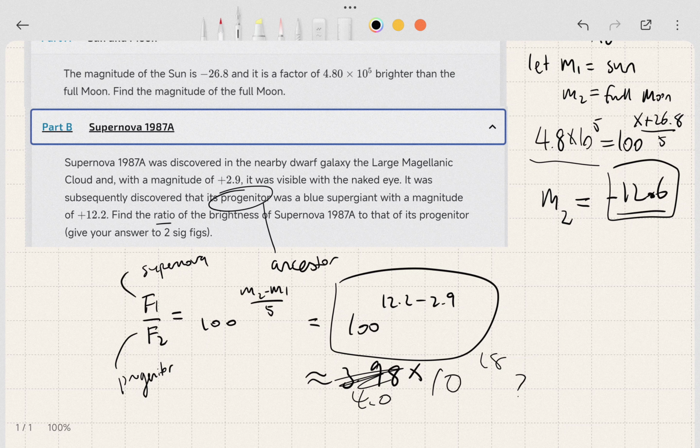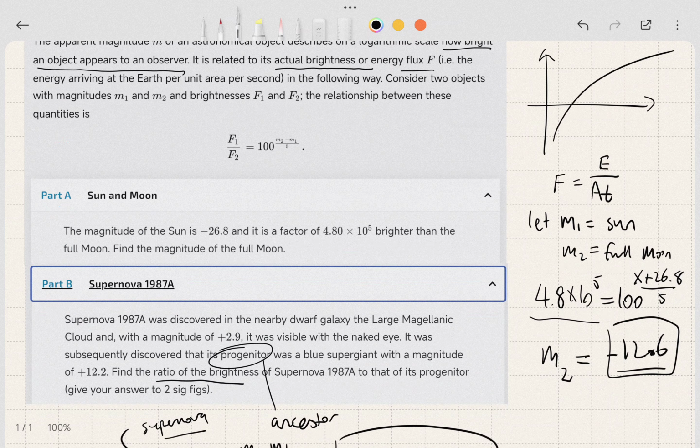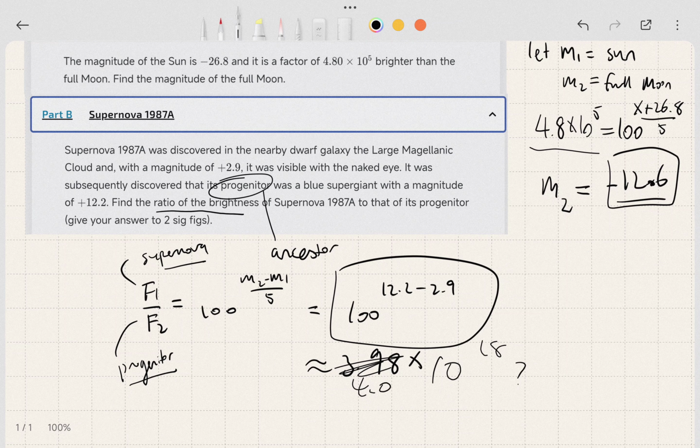The question says find the ratio of brightness of the supernova to the progenitor. So F is the brightness, and M2 here is the magnitude of the progenitor, 12.2, and M1, oh, you need to divide by 5, okay.